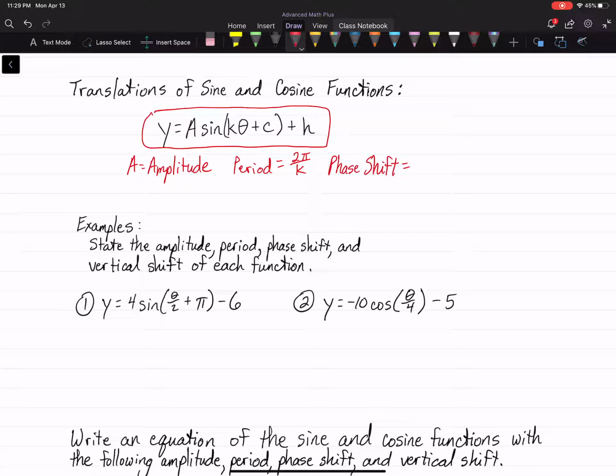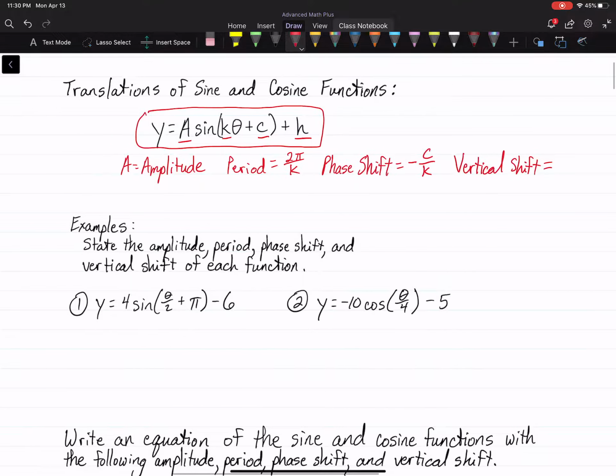So the phase shift, to find it, is negative c over k. And again, I'm getting these letters from up here in the equation. There's A, there's K, there's C, and H. H is your vertical shift. Along with the amplitude, it's the easiest one to find, I should say, not prettiest.